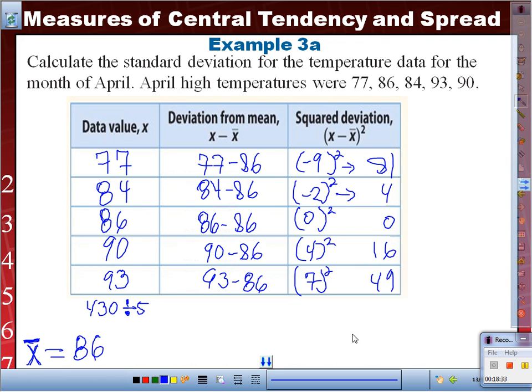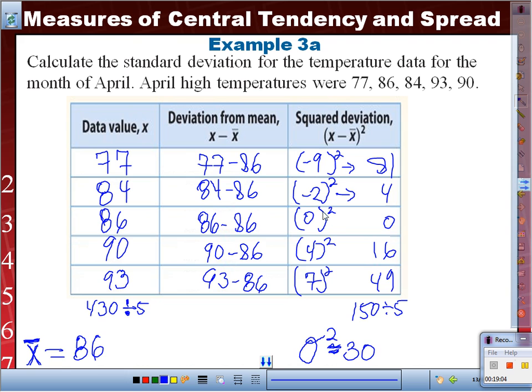And now, from there, we need to find the sum of this, because we need to find the mean again. Everybody know what I mean? So 81 plus 4 plus 16 plus 49, that's 150, divided by 5. And now that's what we call the standard deviation squared. So what is 150 divided by 5? That's 30. Okay?